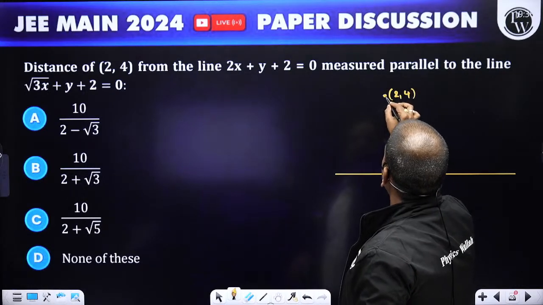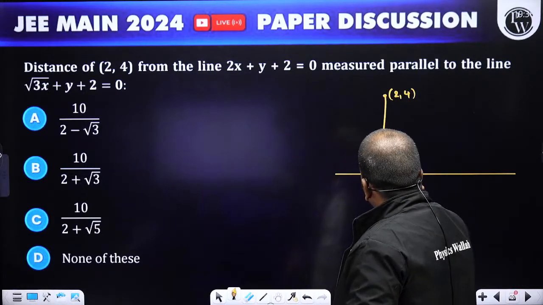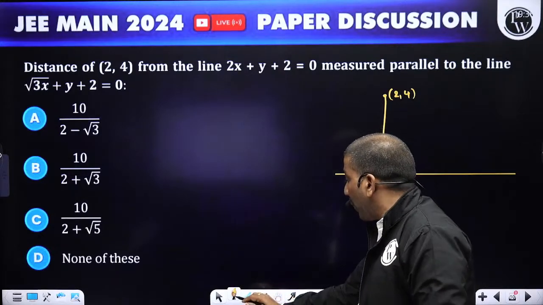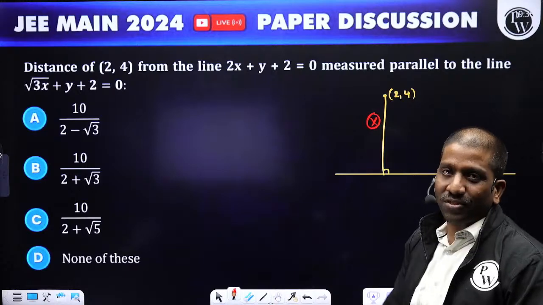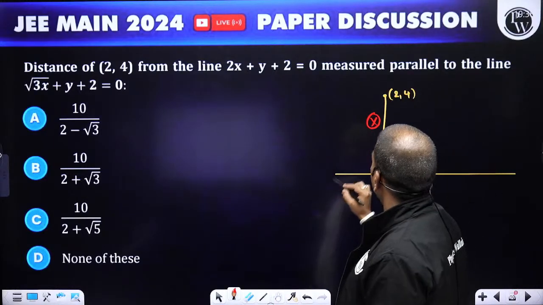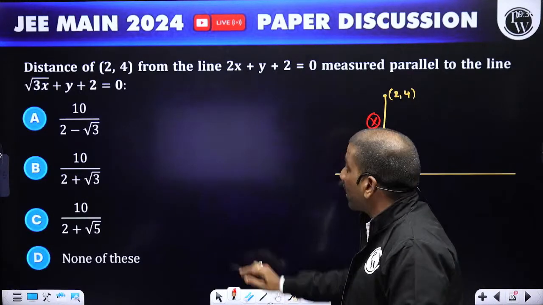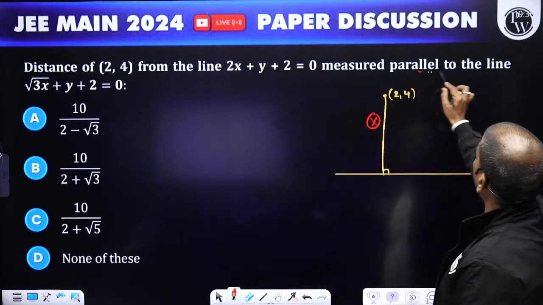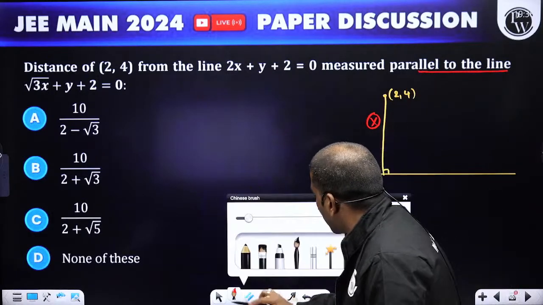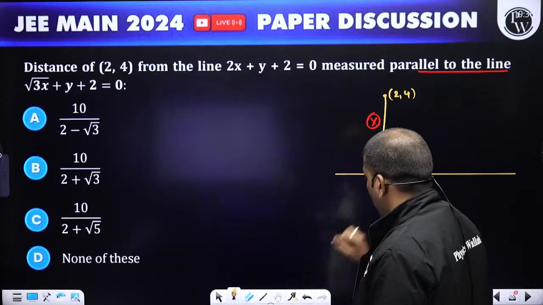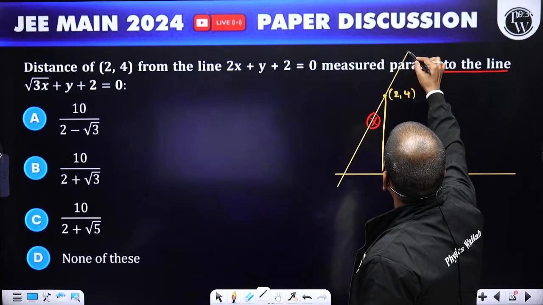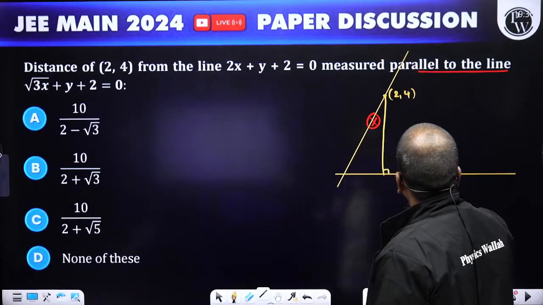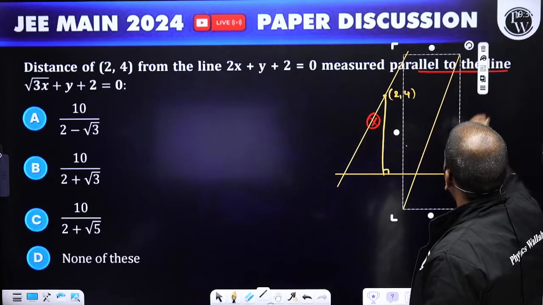So distance from a point to the line is always perpendicular distance. But here it is given, we don't want a perpendicular distance. So what do we want? We want distance measured parallel to the line. Distance measured parallel to the line means we will take one more line, and these two lines are parallel.